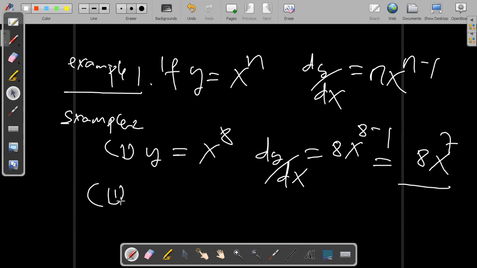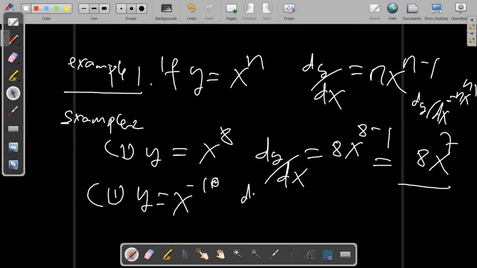Now, if we find the derivative using the power function rule and you are provided with y equal to x raised to the power of negative 10, when we apply the formula dy over dx equals n x raised to the power of n minus 1, this gives negative 10x raised to the power of negative 10 minus 1.